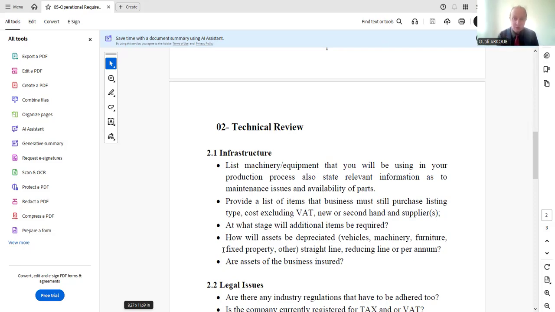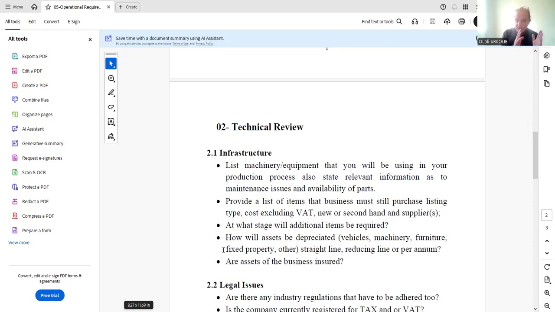How will assets be treated? We have assets and liabilities, actif and passif in French. Assets are like immobilizations, stocks, and clients. Liabilities are like your own funds and long-term and short-term debts.